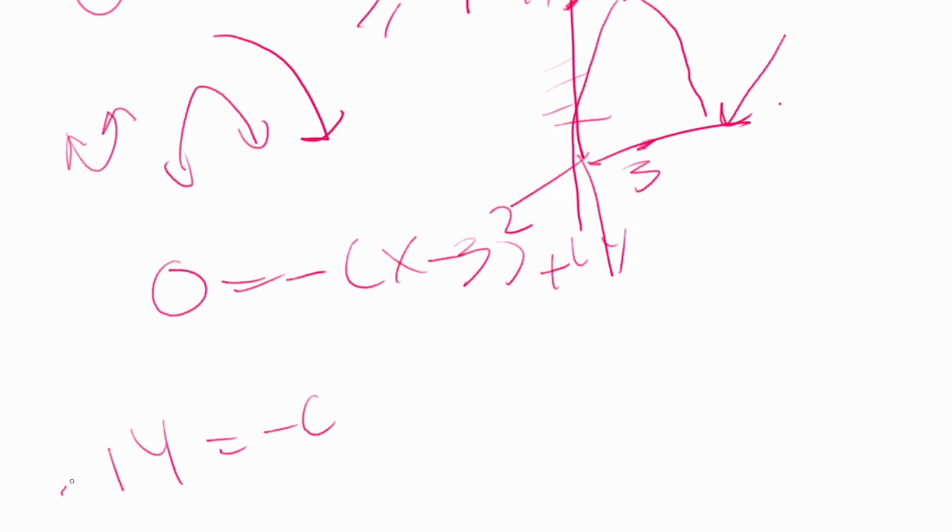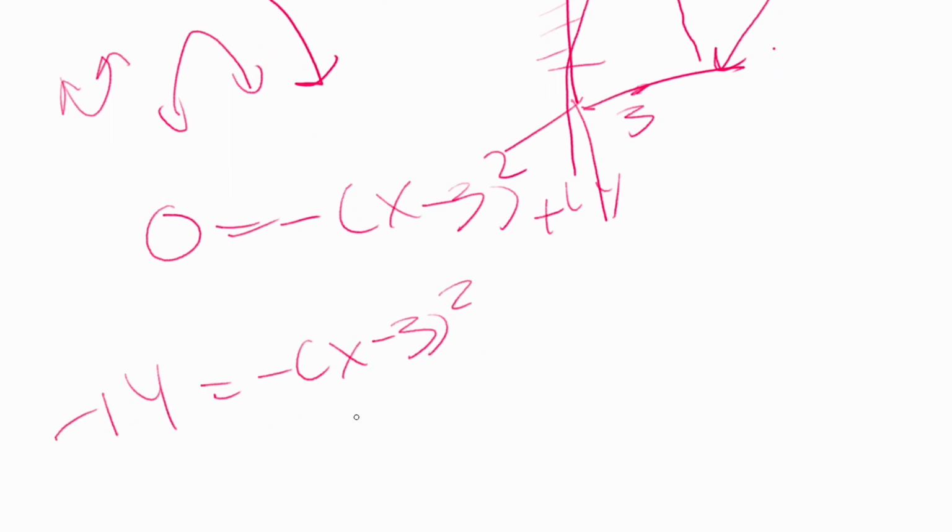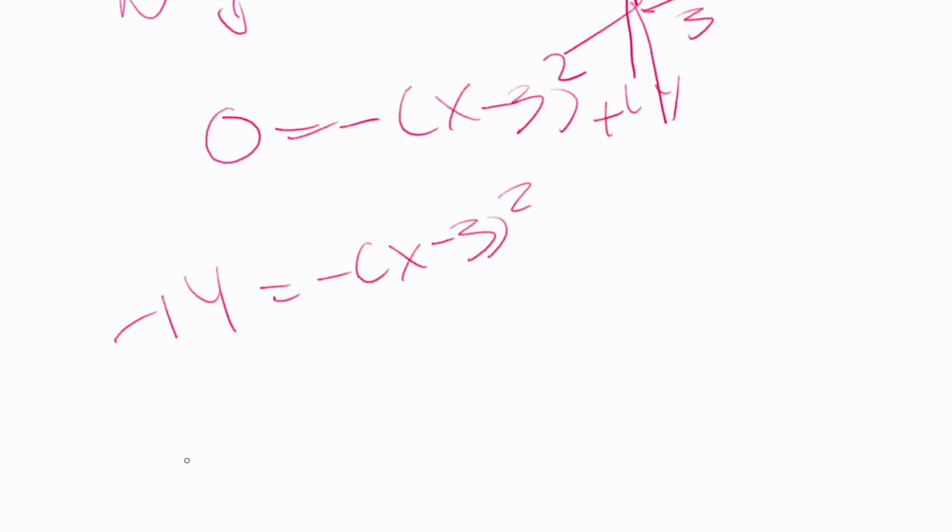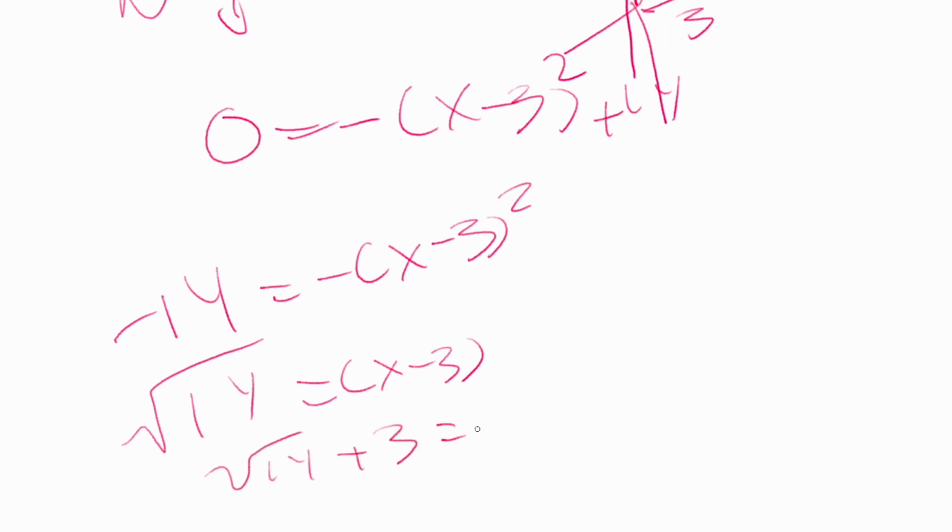Oh yeah, negative 14, sorry. My bad. And then you root both sides. Divide by negative, so you have 14, and then you have root 14 equals x minus 3. And then you go root 14 plus 3 equals x.